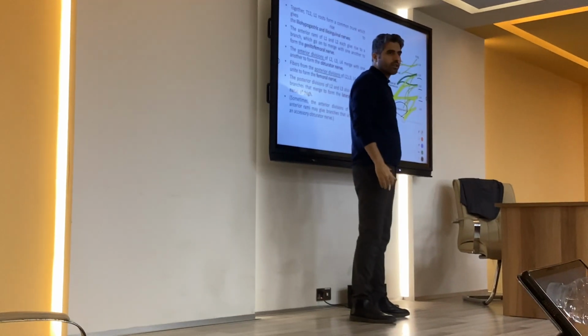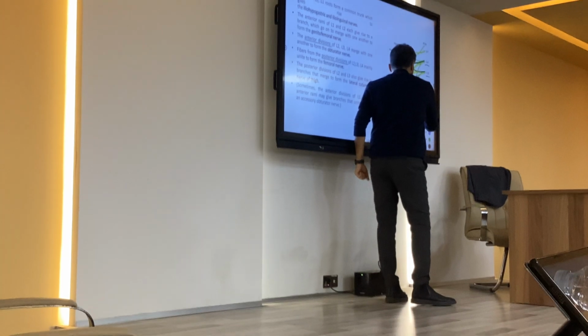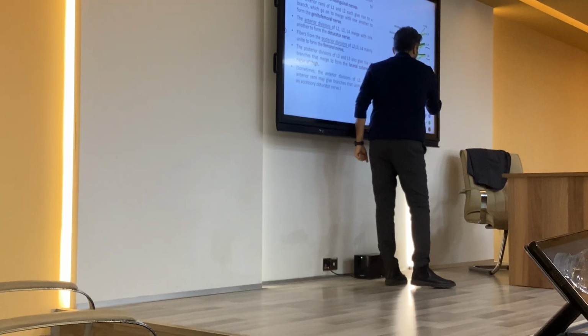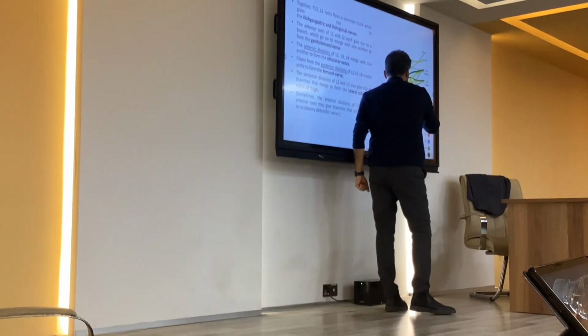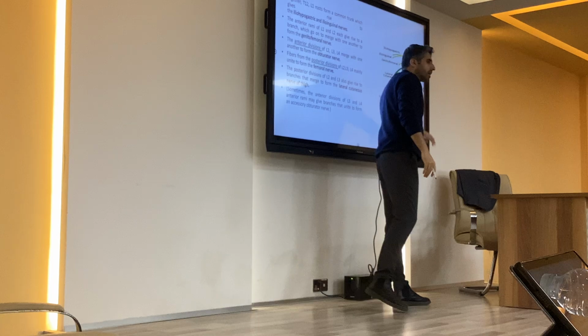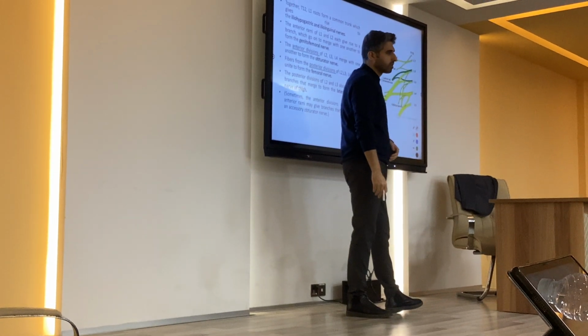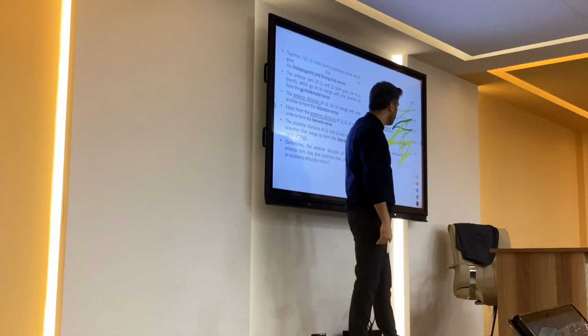Posterior branches make the femoral. Both obturator and femoral come from L2, L3, L4. This one anterior branches, this one posterior. Lateral cutaneous, L2, L3, posterior branch of L2, L3.